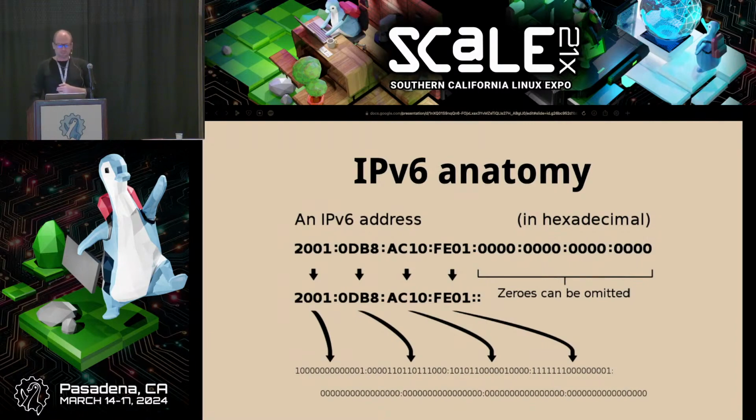I mentioned that compression before. This large address can be compressed to the short form you see in the middle of the screen that's omitting all the zeros. And you see this often in IPv6. And this is something that's going to be repeated a lot in this talk. It's one of the elements of IPv6 that makes it less scary, because you can take advantage of this compression and don't have to worry so much about the parts of the address that don't have any bits in them.